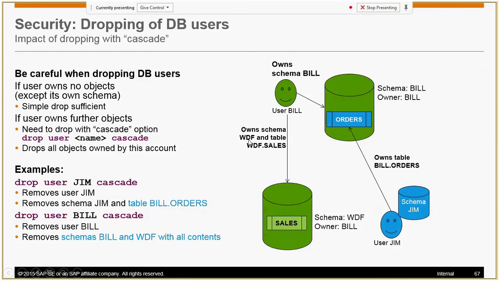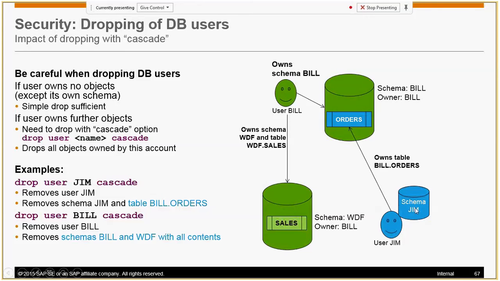When I say I would like to drop the user Jim or the user Bill, I can only drop those users with a cascade option, because that's the only way to drop a user that has some catalog objects that are owned by him. So basically, when this user owns something, the only way will be to drop it cascade.